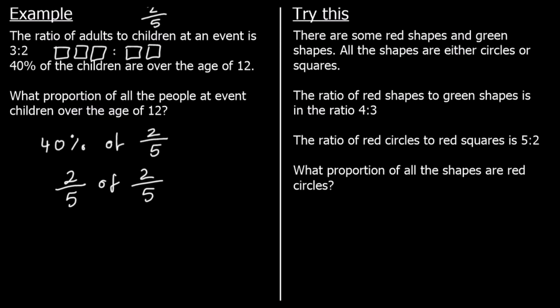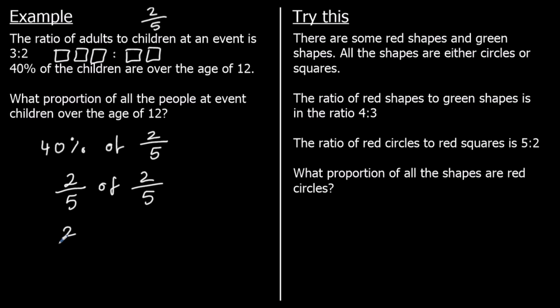So it's 2/5 of 2/5, and of means times. So it's 2/5 times 2/5. To multiply fractions, we times the top, 2 2s are 4, and times the bottom, 5 5s are 25. So we can say 4/25 of all the people there are children over 12.